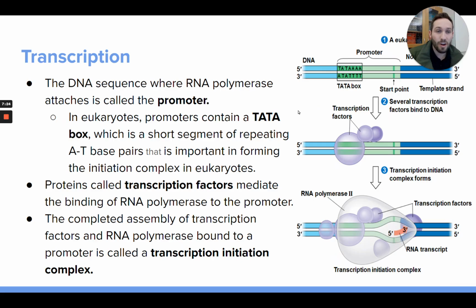All of this starts at a region on your DNA called a promoter. A promoter is a sequence in your DNA where RNA polymerase will bind. You're always going to find a promoter right before a gene.